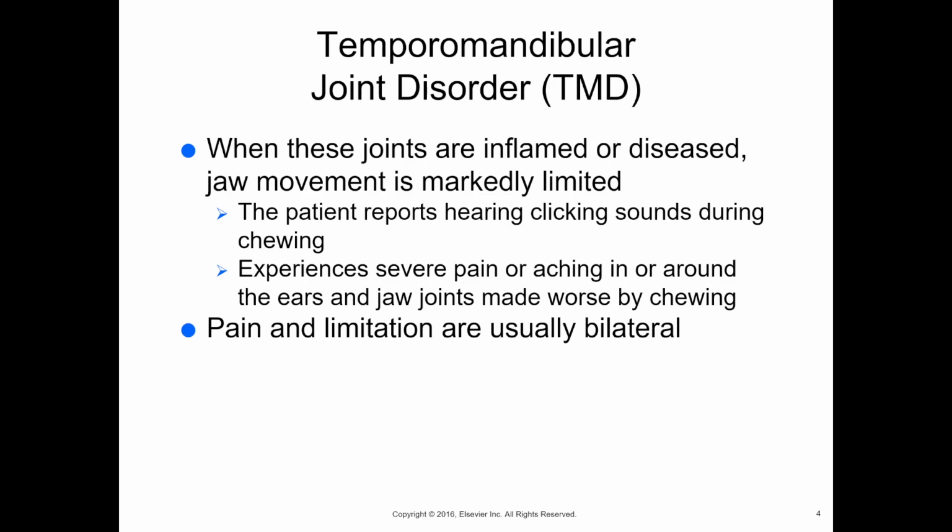So there can be things that happen to that meniscus, similar to what happens in the knee, where it can fold, it can tear, it can do all sorts of things. That can also be another cause. You can also get arthritis of the TMJ. In general, though, the TMJ disorder can cause issues with being able to actually chew food.